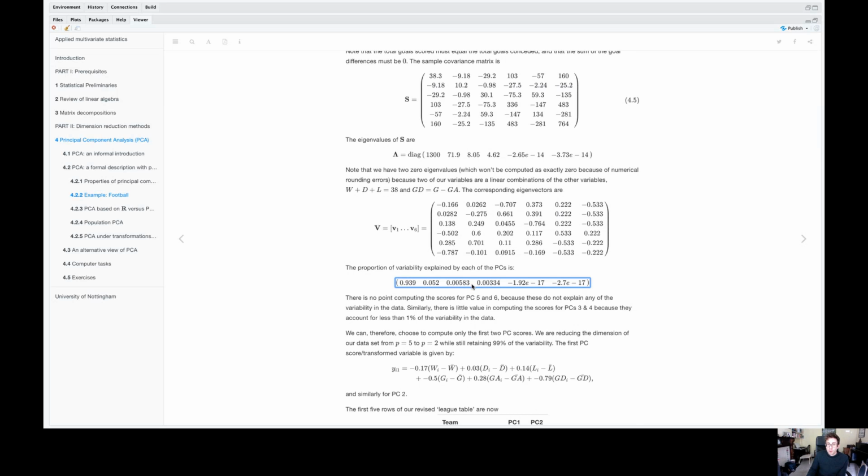The third and fourth principal components each explain less than 1%, and so we can essentially ignore them. It's only the first 2 that we take into account, because they explain collectively about 99% of the variability. The fifth and sixth principal components here are literally useless, uninformative. They don't tell us anything at all about the data.